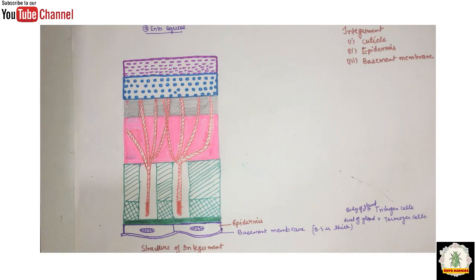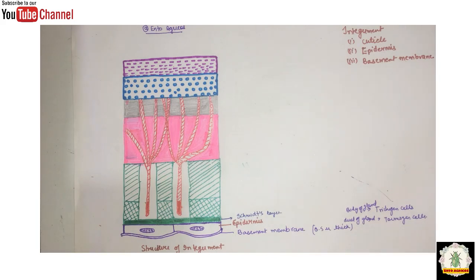Now next, that you can see over here, this green color layer is the Schmidt's layer. This layer is above the epidermis and below the endocuticle, and it forms a membrane from which new cuticle develops at ecdysis.